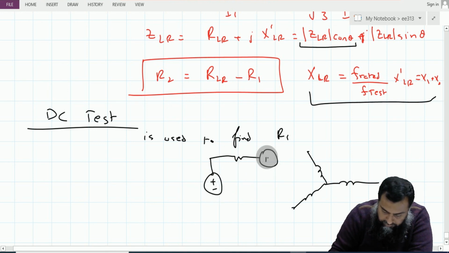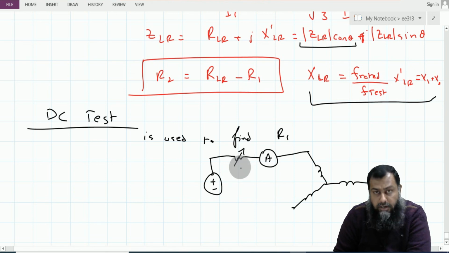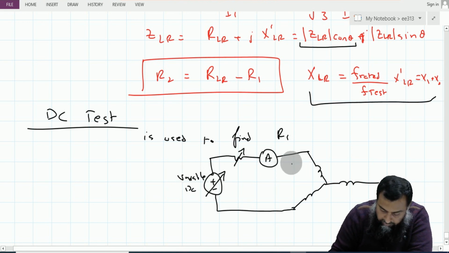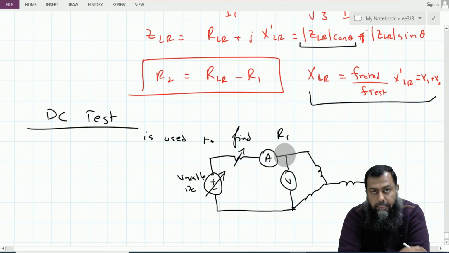For the sake of safety, just use some resistance here as well, which acts as a current limiting resistance. This is also a variable DC source. This is the ammeter, and here we are measuring the voltage.